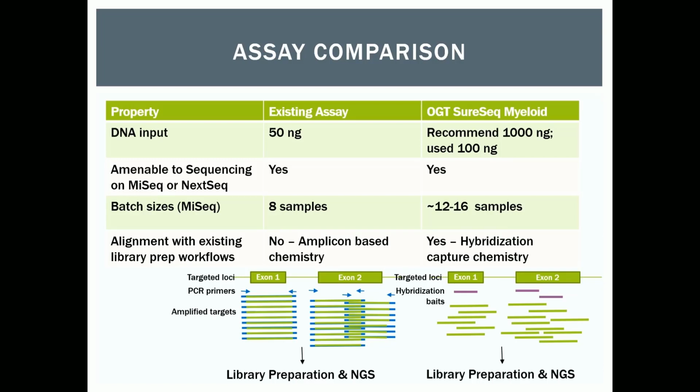This is not a better or worse chemistry. Both methods have theoretical advantages and disadvantages. We were interested, however, to see whether these differences in chemistry would affect the analytical performance in a myeloid setting.